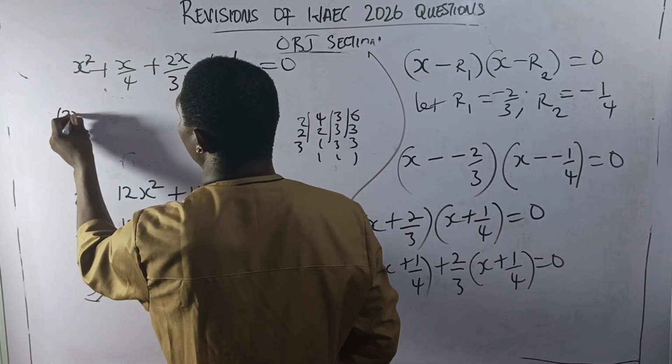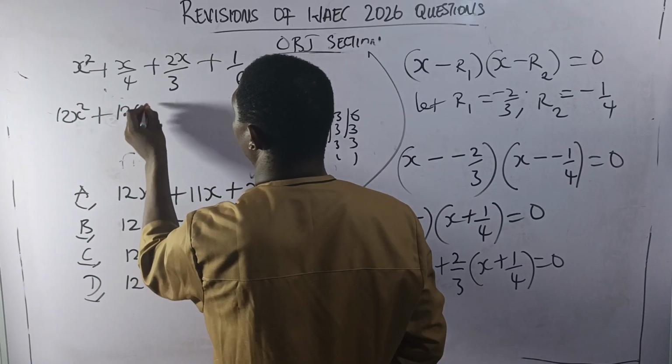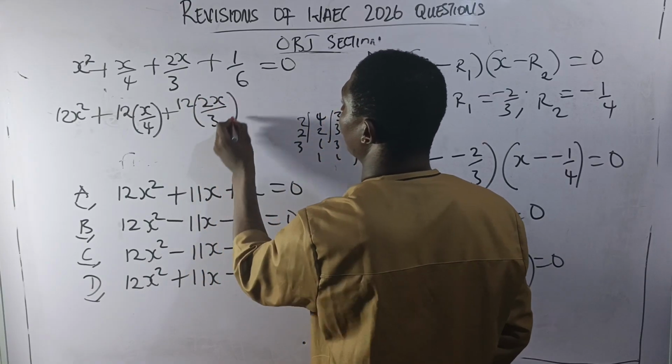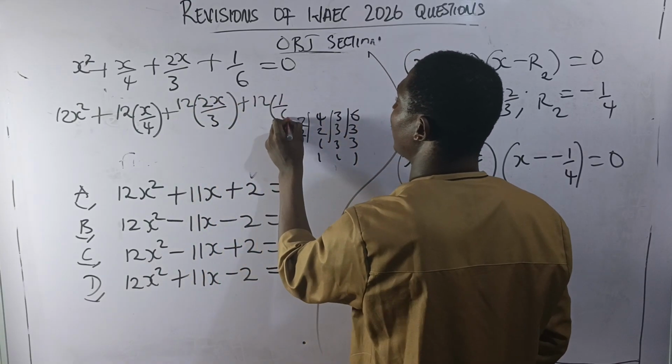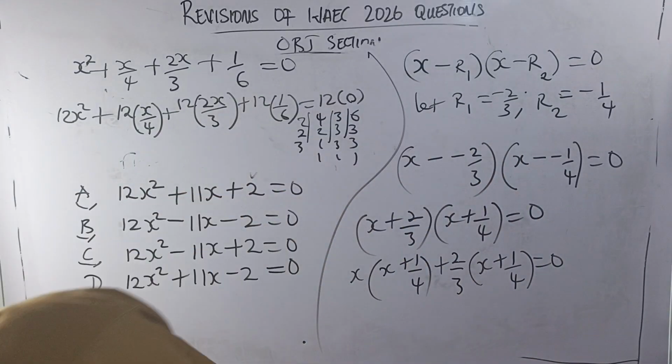12 times x squared will give me 12x squared, plus 12 brackets x over 4, plus 12 brackets 2x over 3, plus 12 brackets 1 over 6 equals 12 brackets 0.